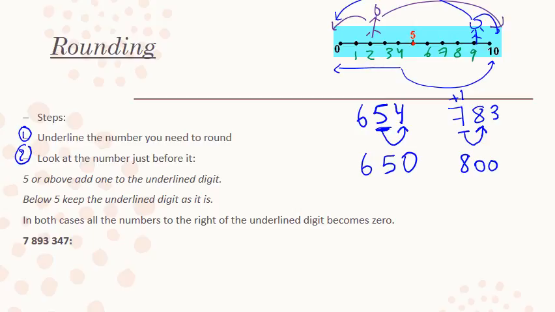But in both cases, all the numbers to the right of the underlined digit become 0. Let us take this example. Suppose I need to round the 7. I just look at just before the 7. It's 8. So 8 is above 5. So yes, the 7 becomes 8 and all the right part becomes 0.